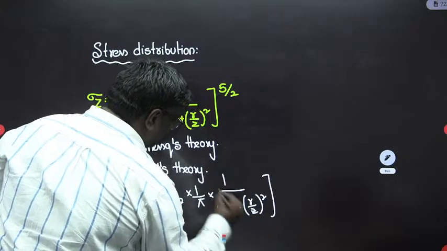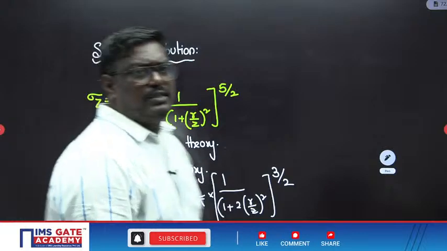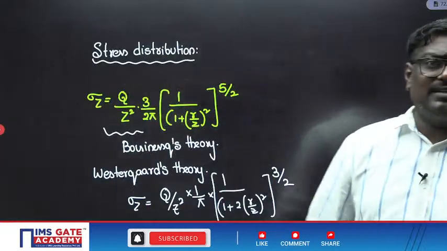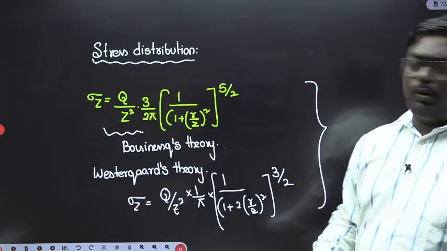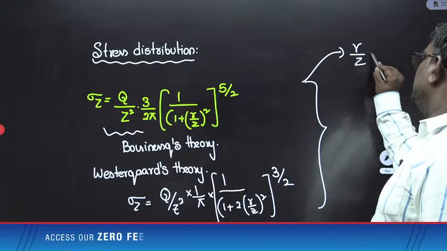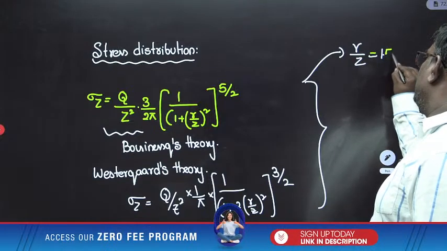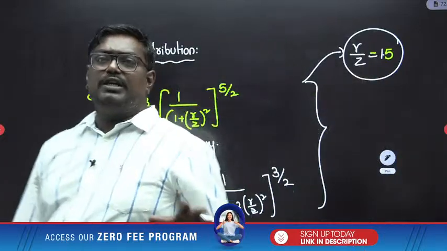And this is one of the famous questions they ask: when will these two values be equal? When r by z is equal to 1.5, these two theories will be equal.